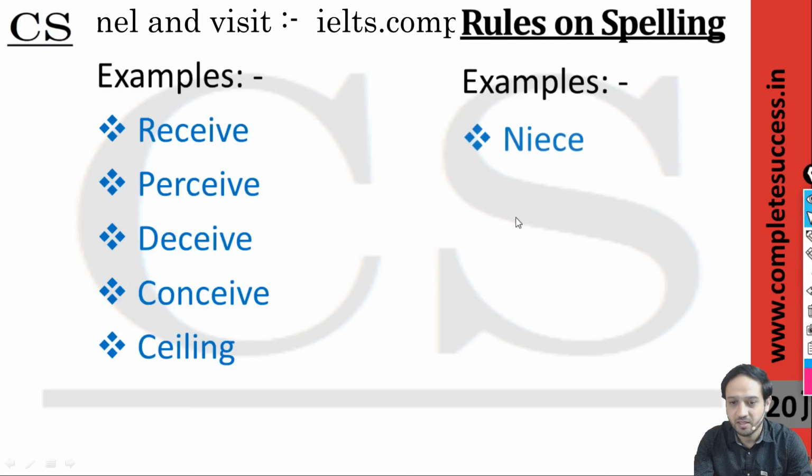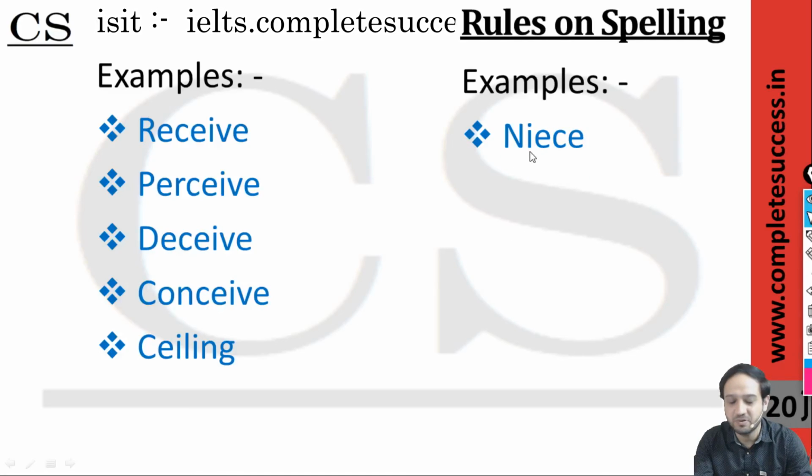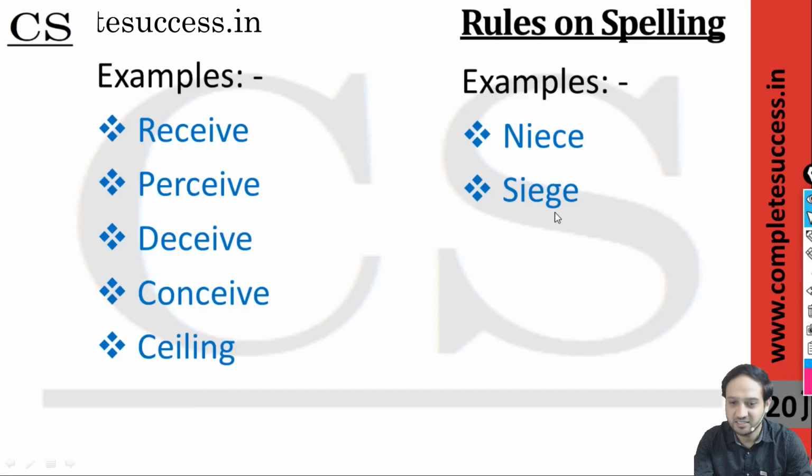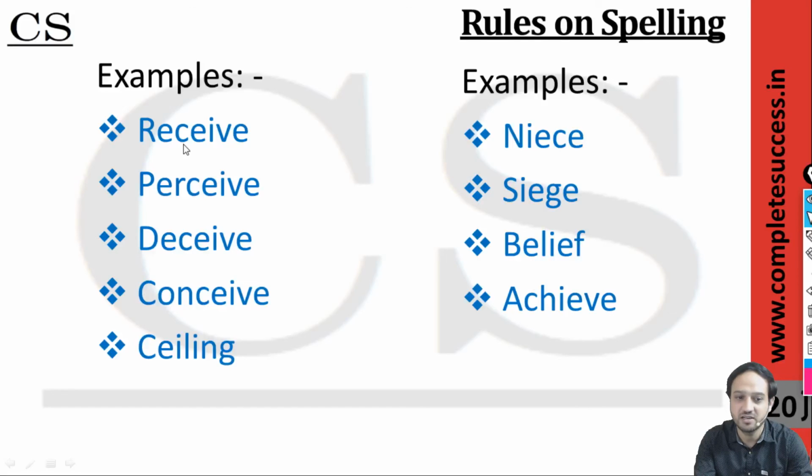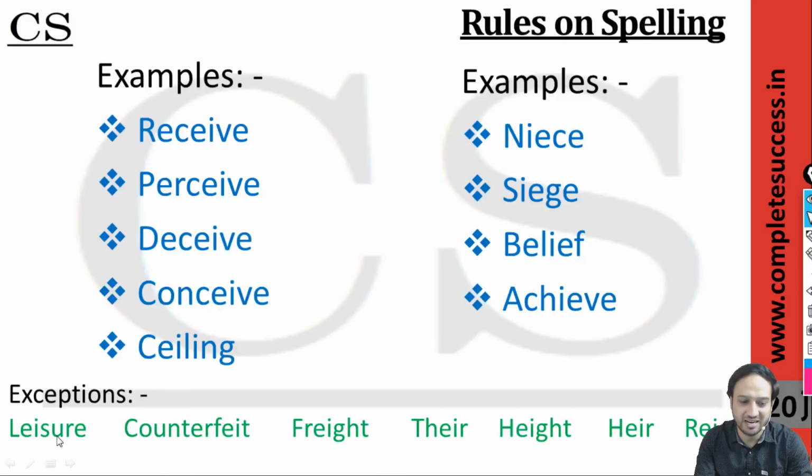But if there is no C, then we keep the order to be IE. So niece, siege, believe, achieve. In these cases we have kept the order as IE, not as EI. So we will use EI when before it there is the letter C. There are some exceptions to this rule, and these exceptions are leisure, counterfeit, freight, their, height, heir.